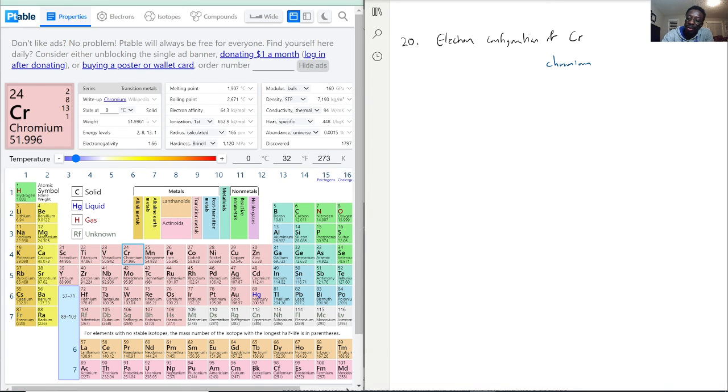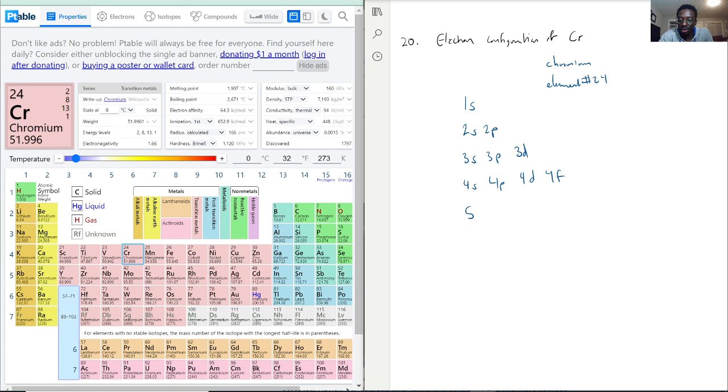So chromium is element number 24. Okay, so now we're going to go through the same process of what we've done for previous questions, but just to list it out here, we have the 1s, 2s, 2p, 3s, 3p, 3d, 4s, 4p, 4d, 4f, and just end with the 5s.